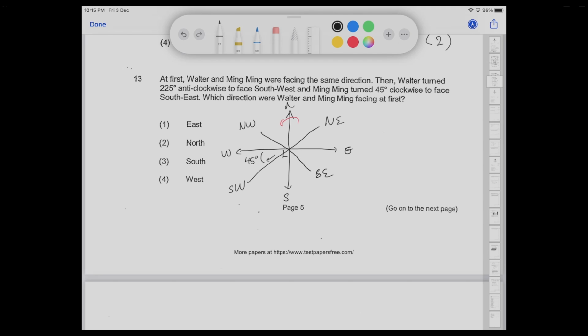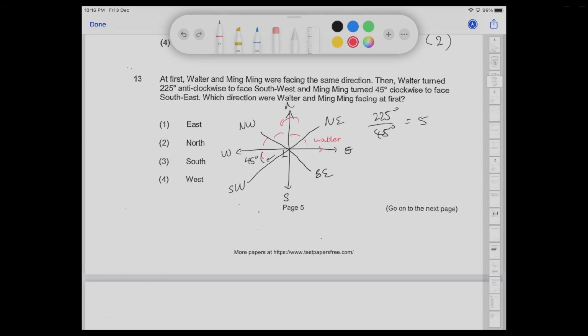So how many of these angles did he move anti-clockwise? That's just 225 over 45, that's 5. 5 of these angles. So when he faced southwest, that's 1, 2, 3, 4, 5. We can deduce that Walter was originally facing east, right?